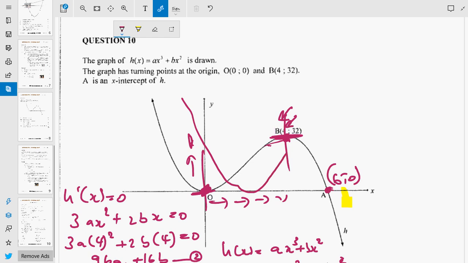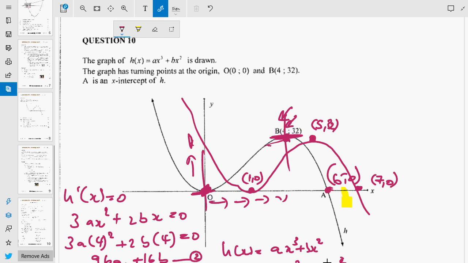I'm going to have something like this. So this coordinate here will be 1, 0. This here will be 5, 32. This here will be 7, 0.